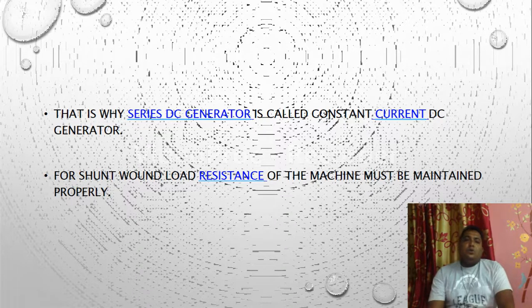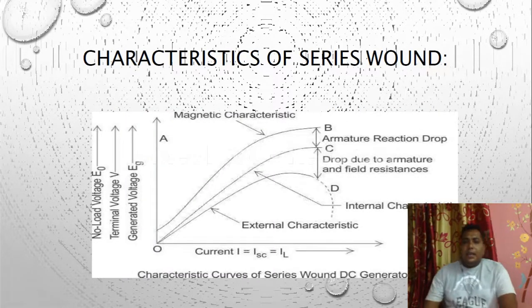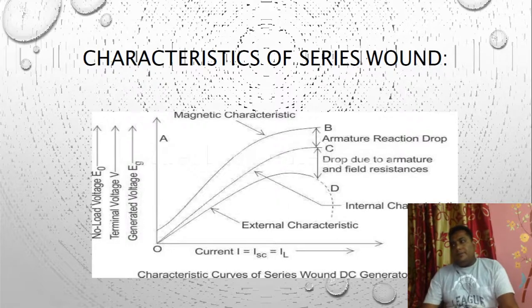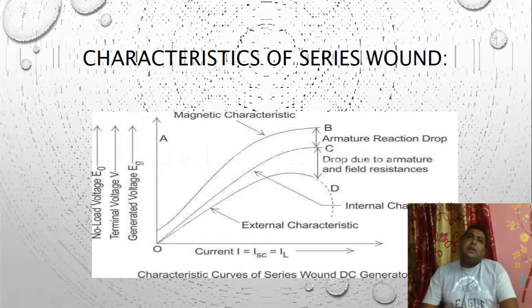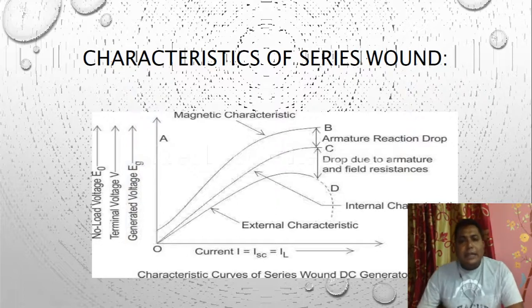For shunt wound, the load resistance of the machine must be maintained properly. See what thing is there, as we can see, this is series winding, that means field and armature winding both are connected in series. That means the same current is flowing through both the windings.